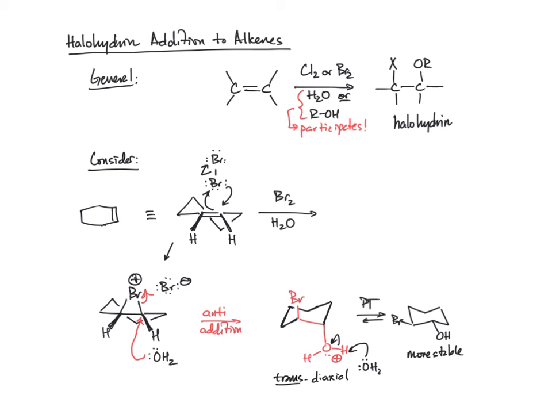I didn't know what you mean by triple bonded to the alkene. When you have these ring systems and you do an anti-addition, you get the trans-diaxial, and then it will most likely do a ring flip to give you the more stabilized conformation.